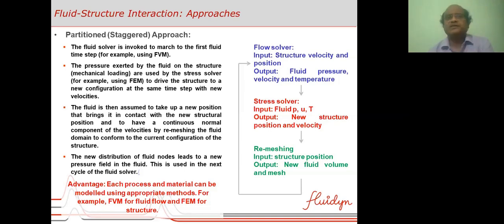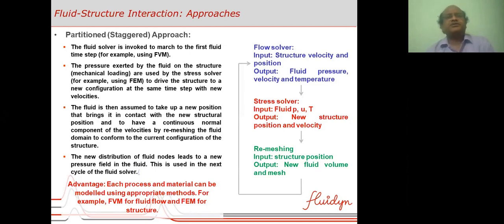For example, we use finite volume methods for the flow field to solve the Navier-Stokes equation, and the finite element method in the structure. Finite element method to solve the energy equation and the deformation or stress field in the structure.